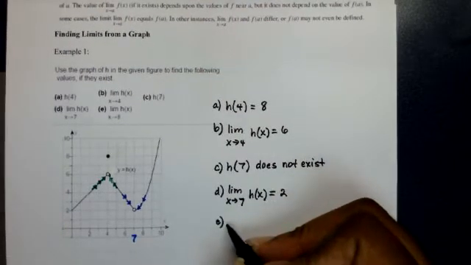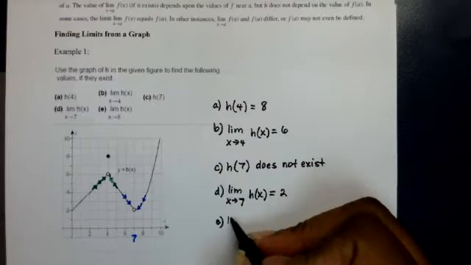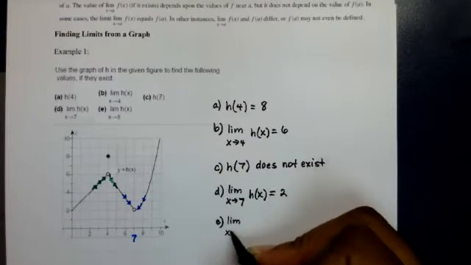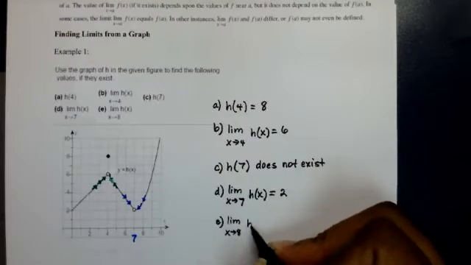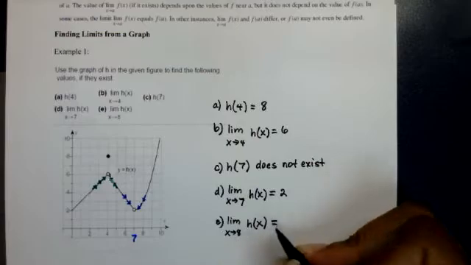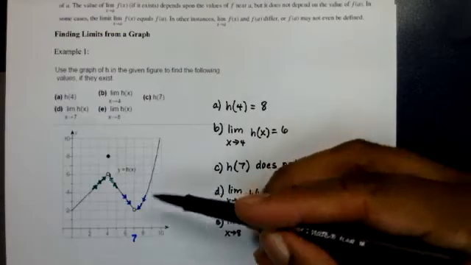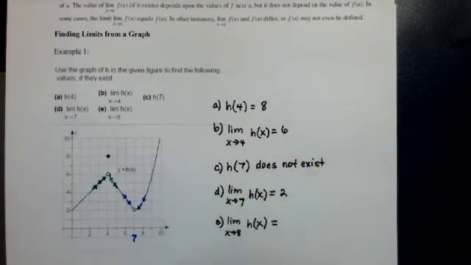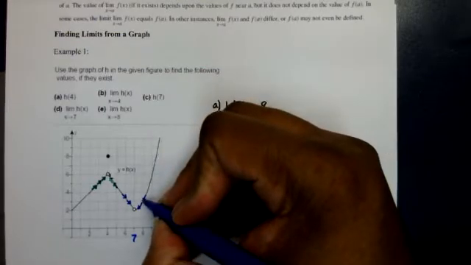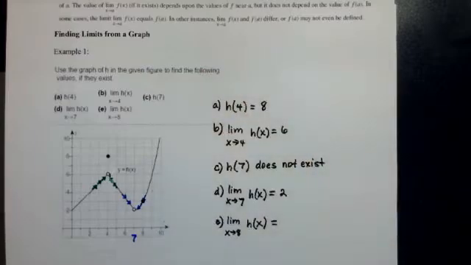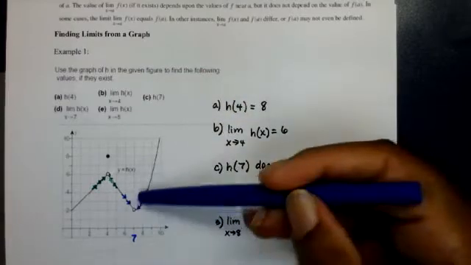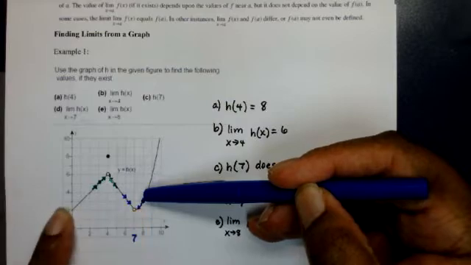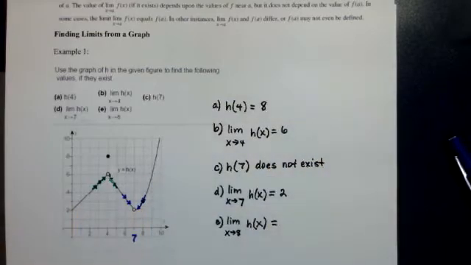And part E, the limit as x approaches 8 of h of x. Well, at 8, here's 8 right here. Notice it's going to be the same as what h of 8 would be, because at 8, the y value associated with that would be 3.